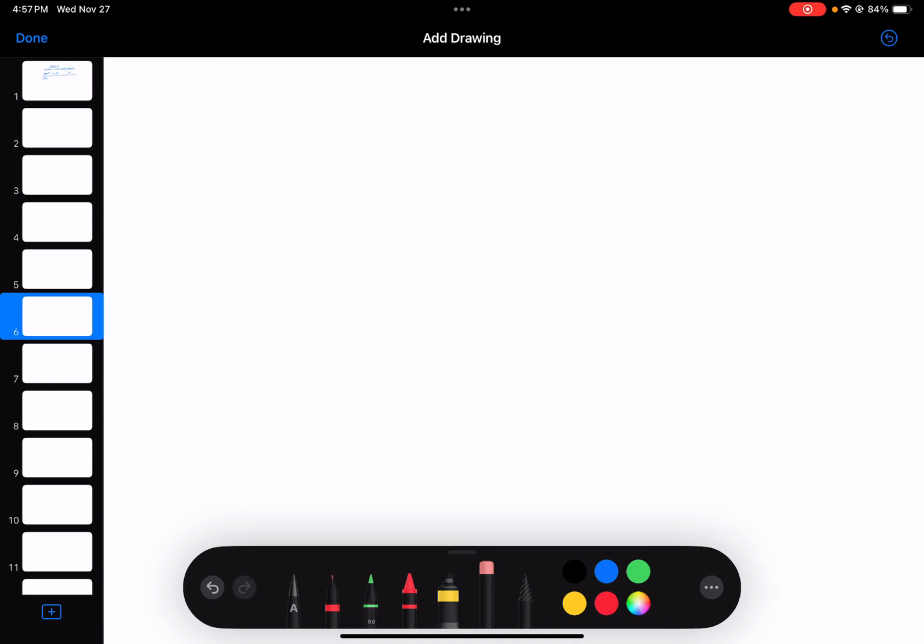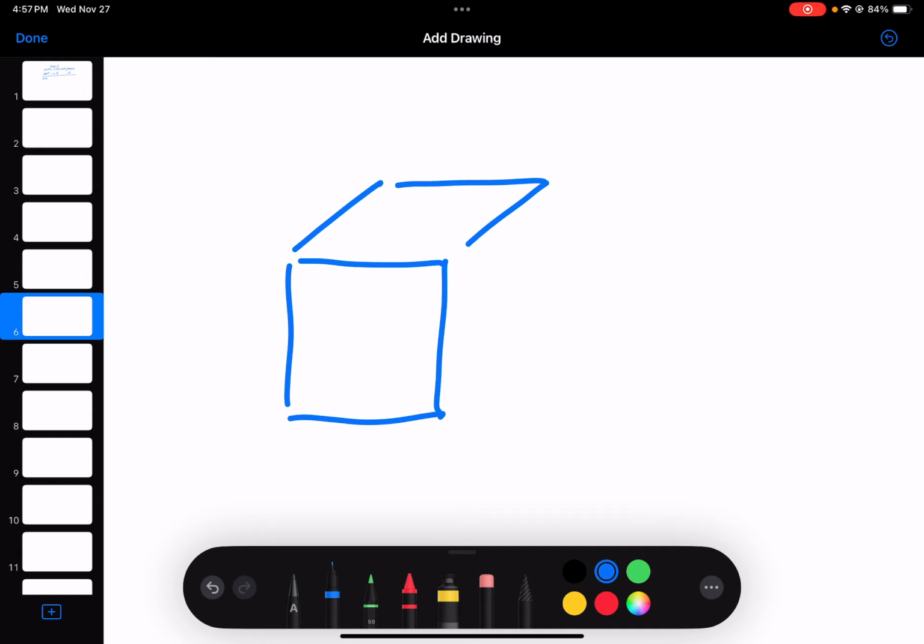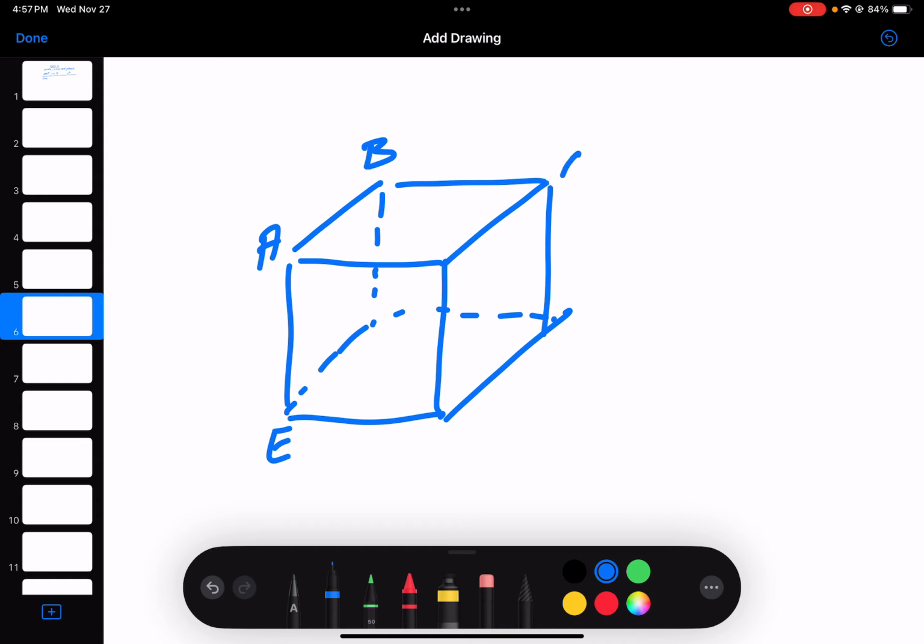Okay, let's draw a cube. We'll call the points A, B, C, D. We have E, F, G, H. Okay, so how many planes?